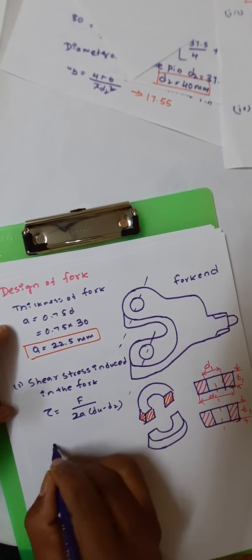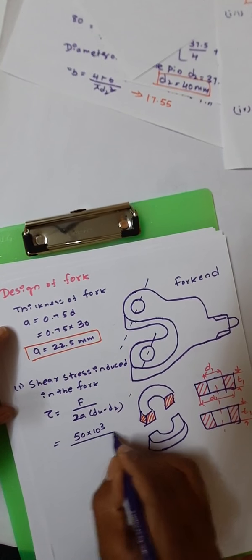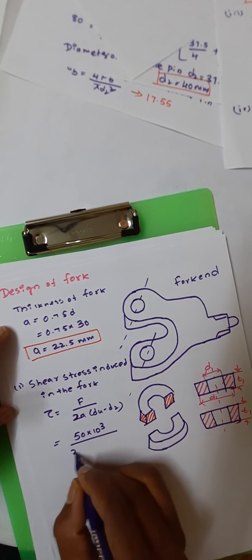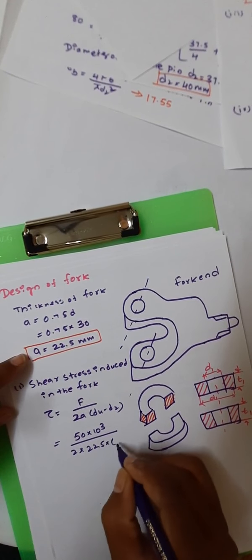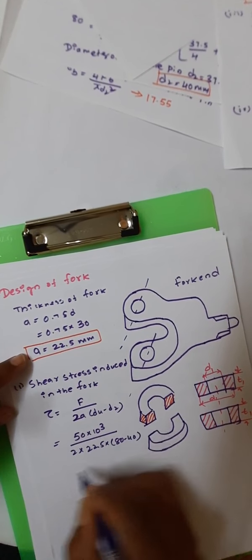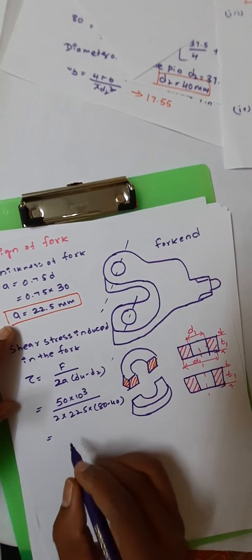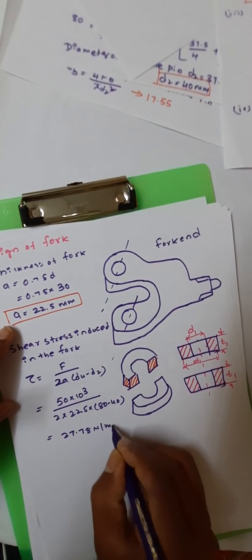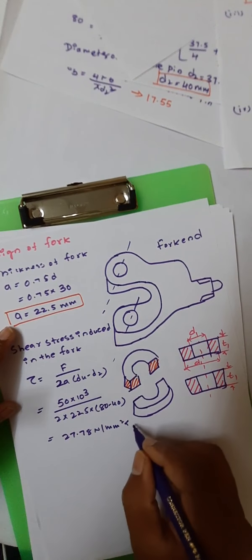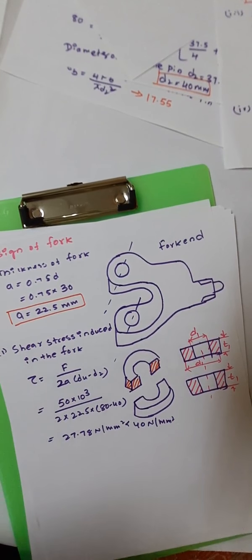Substituting all the values, 50 into 10 to the power 3 divided by 2 into A, that is 22.5, into (80 minus 40). If we simplify this, we'll get 27.78 Newton per mm square, which is less than 40 Newton per mm square. So the design is safe with respect to the shear stresses induced.